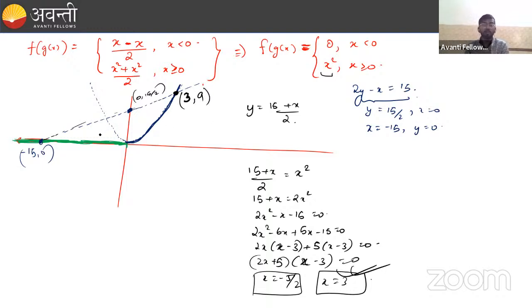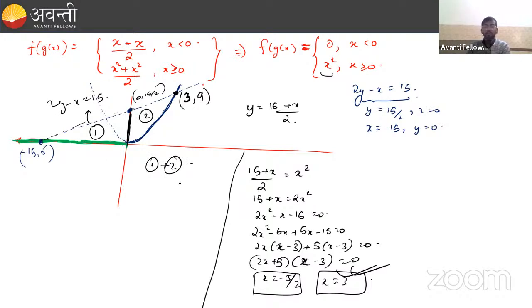Now we have all the required points to find the area. First of all, we'll find the area of this triangle between the green line, the y-axis, and the given dotted line, which is 2y minus x equals to 15. We will name this area 1, and this we will name as 2. So we will find the area of 1 plus 2.